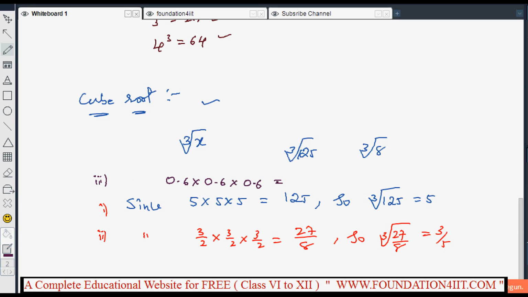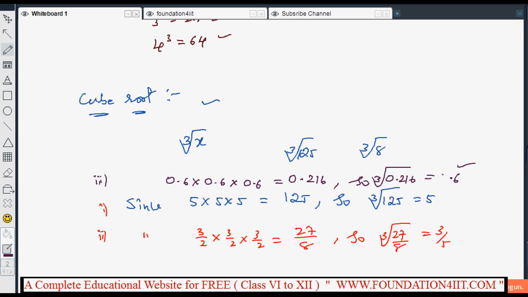So 3 times when I multiply, I'll get 0.216. So what we can write, cube root of 0.216 is equal to 0.6. So when the number is multiplied by itself 3 times, then only we can find out the cube root of its own.